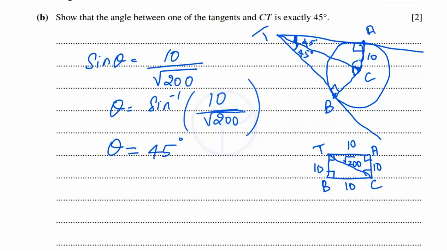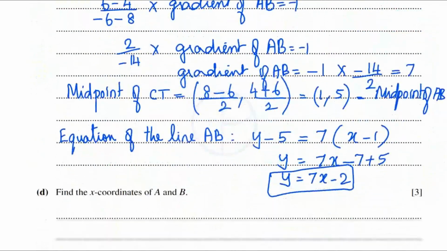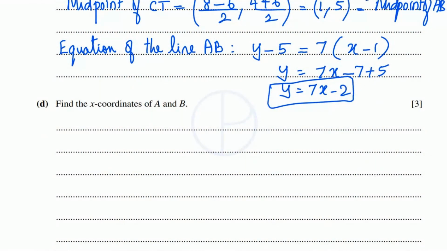A and B are points which lie on the circle, and we know the equation of the line AB as well. So we need to find the points of intersection of the circle and the line AB. So (x minus 8) the whole squared plus, in the circle equation we substitute the equation of the line AB for y, (7x minus 2) squared, equal to 100.